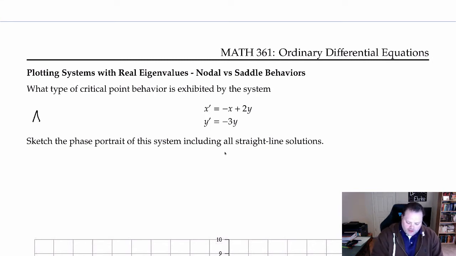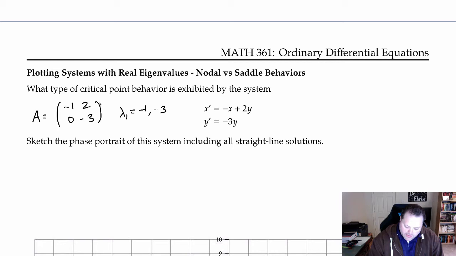We know that the coefficient matrix for this system is -1, 2, 0, -3. Because this is an upper triangular matrix, we don't have to do a lot of work here. We automatically know that the eigenvalues are -1 and -3.